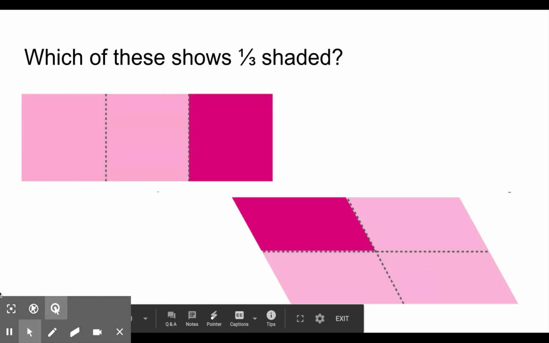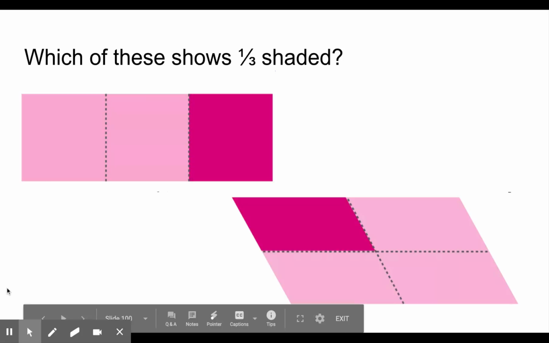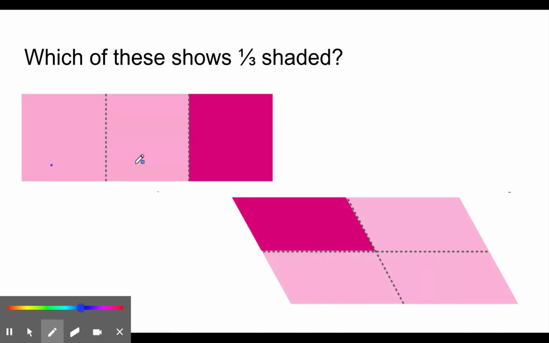Let's look at some other shapes. A rectangle and a rhombus. Which of these shows 1/3 shaded? Well, we need to decide which one has 3 parts. So let's count. 1, 2, 3.